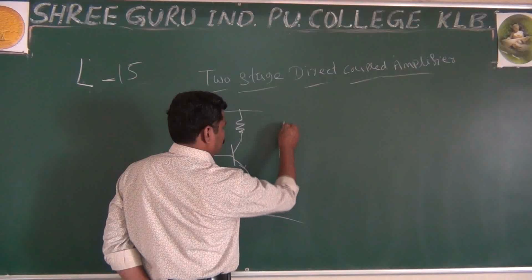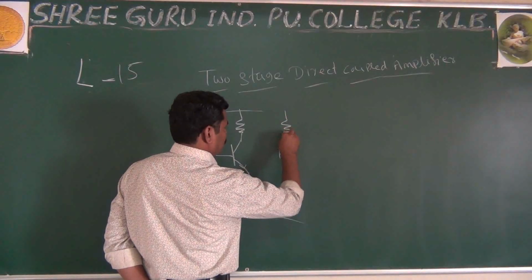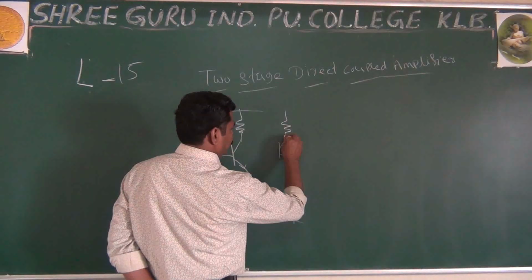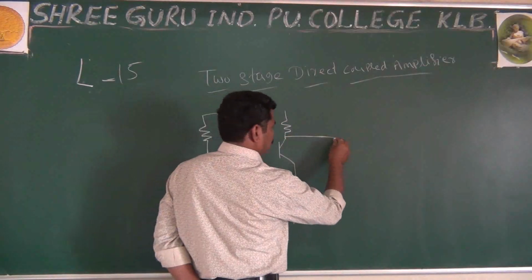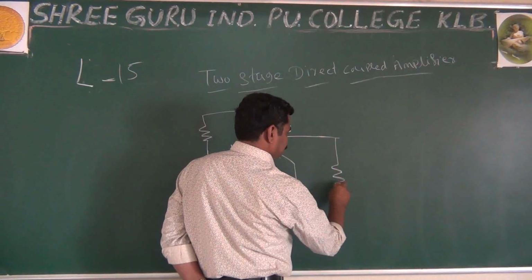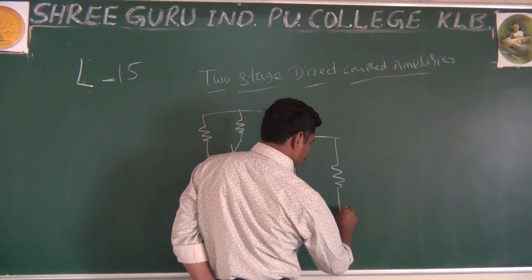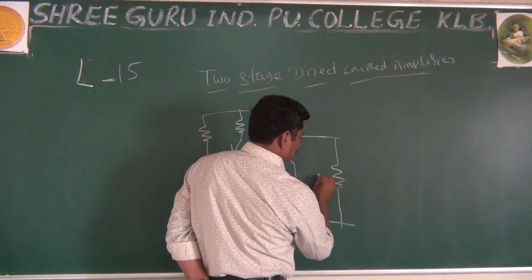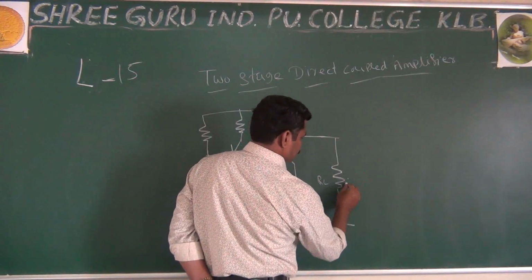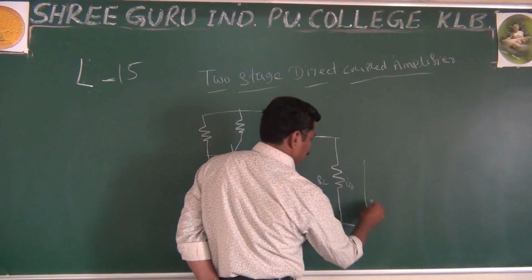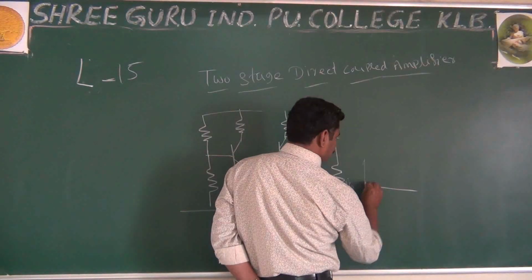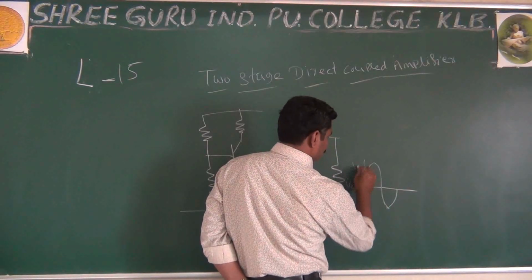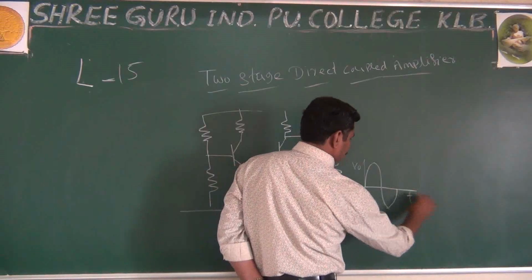And here this is nothing but your RE, and you are not connecting RL here. It means you get the output here across RL. This is the V0, the load.